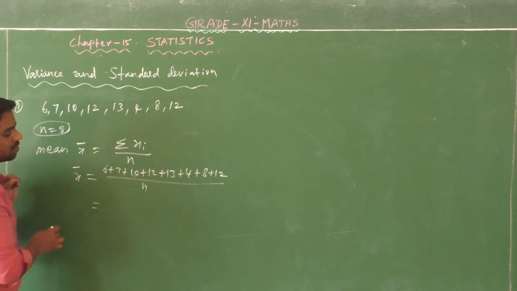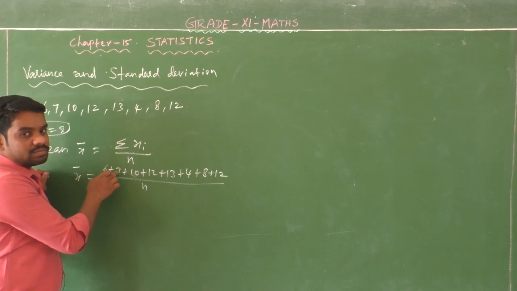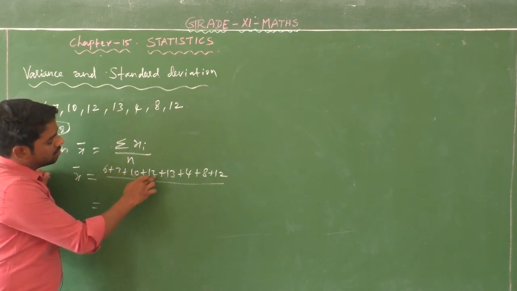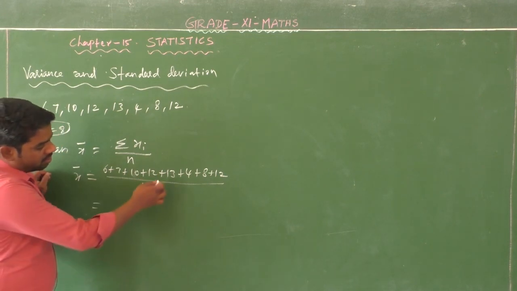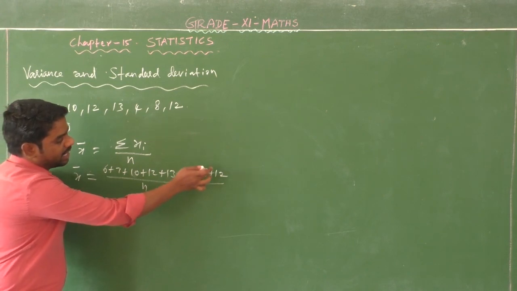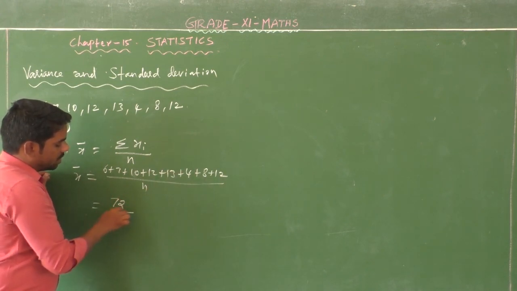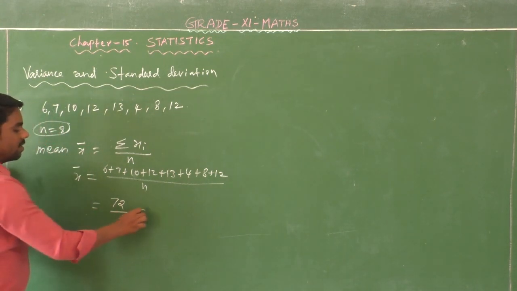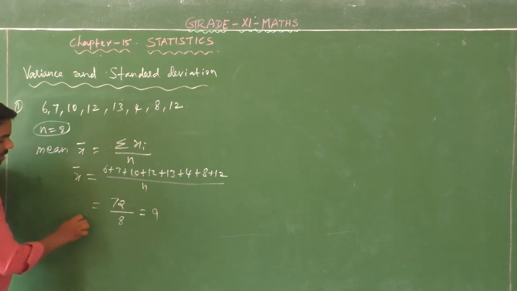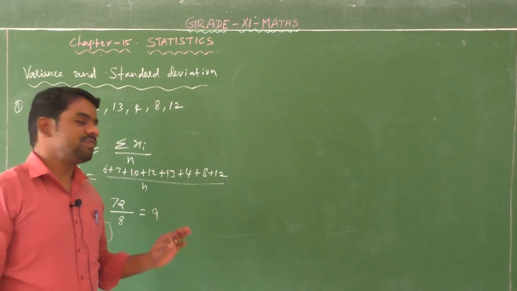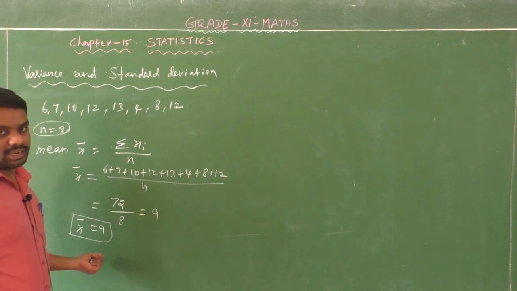So the sum of these values: 6 plus 7 is 13, plus 10 is 23, plus 12 is 35, plus 13 is 48, plus 4 is 52, plus 8 is 60, plus 12 is 72. So 72 divided by the number of observations, which is 8. So 72 by 8 is equal to 9. Therefore, the mean of the given data is 9.